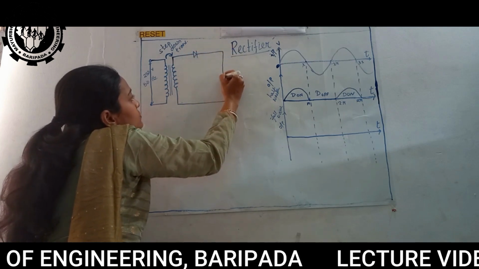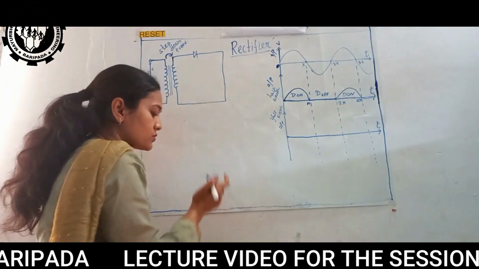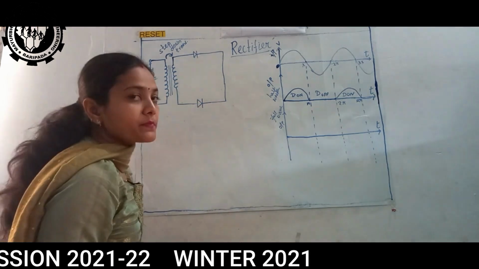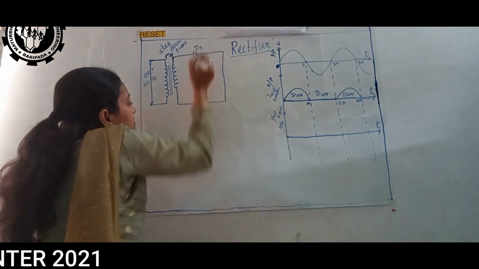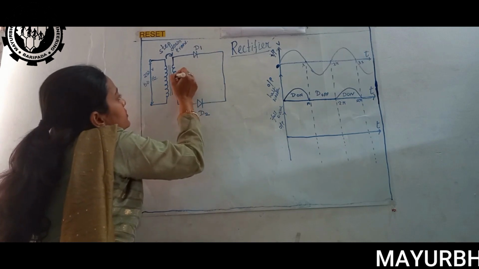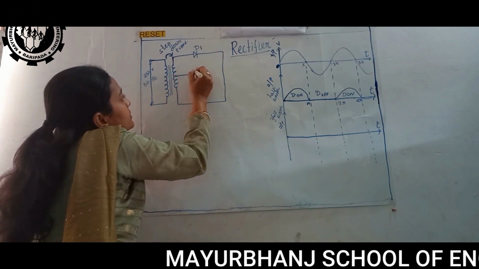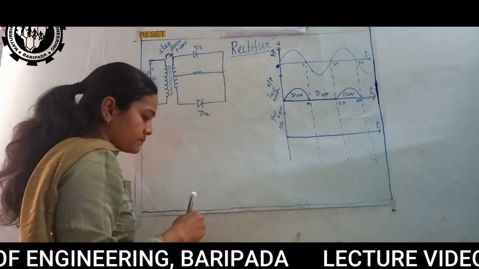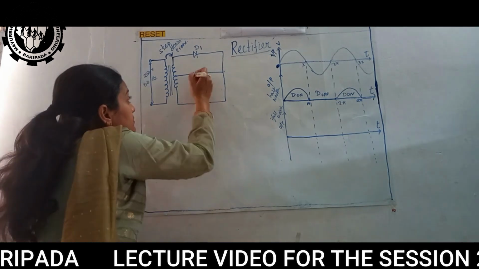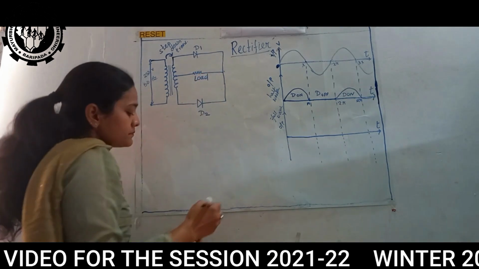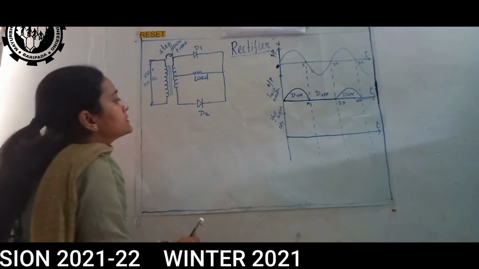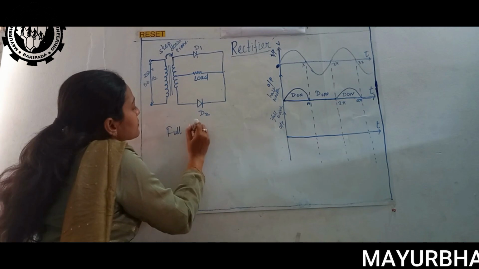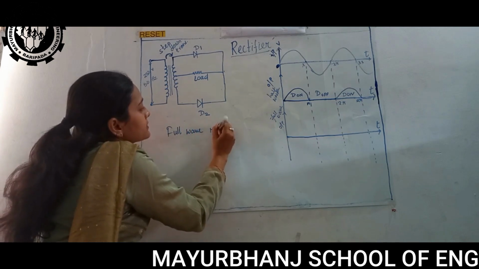We are going to use two diodes. Over here one and the another one is here. D1 and D2. We can put a load over here. This is for full wave rectifier.